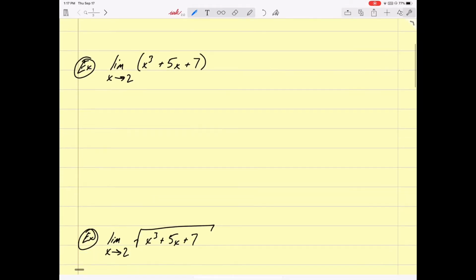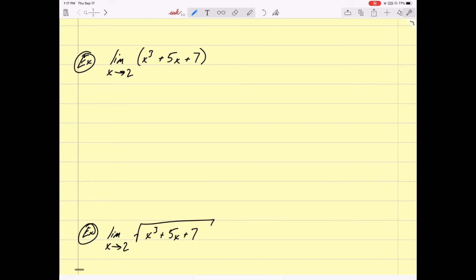Okay, so next. The limit as x goes to 2 of this cubic function. This is rule number 1 on the limit laws sheet. In words, it's the limit of a sum is equal to the sum of its limits.